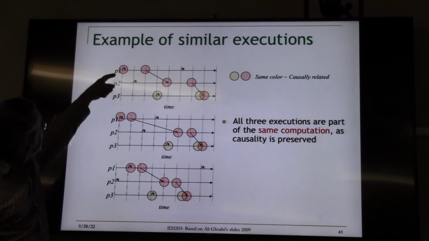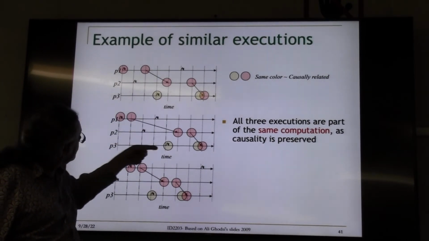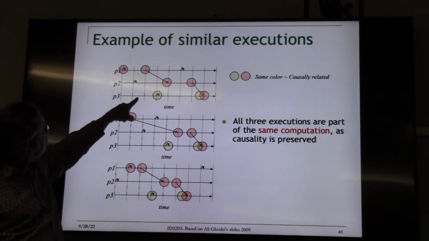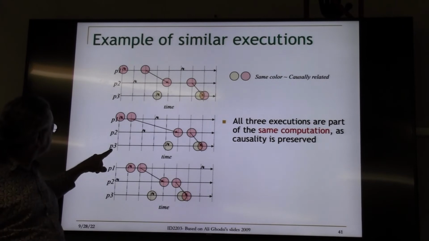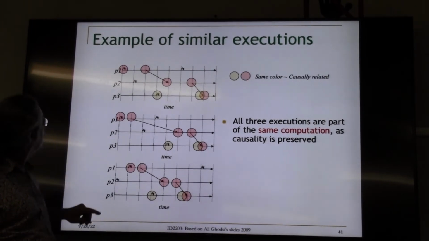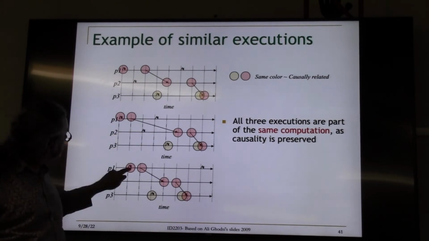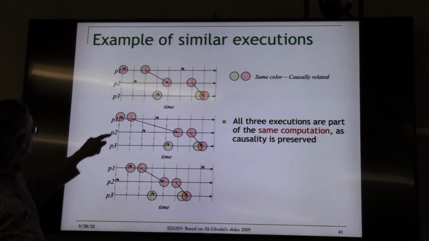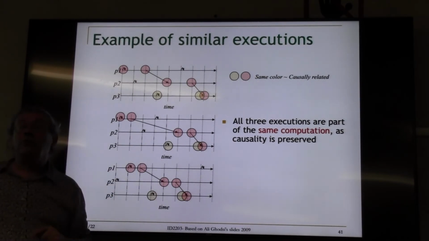You can see that because if you look at each process, you see the same things. If I look at P3, I see this one, and then I see this one. If I look at P3 here, I see this and this in the same order. If I look at P1, I see the same thing, also always in the same order. The timing might be different, but for each process, it's the same order.